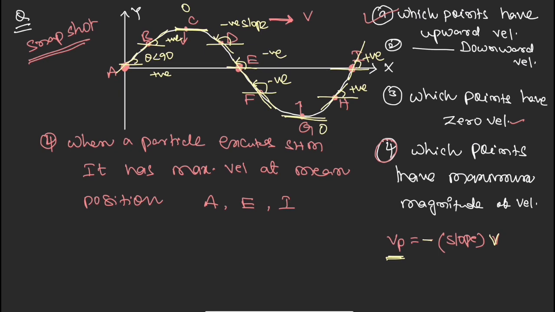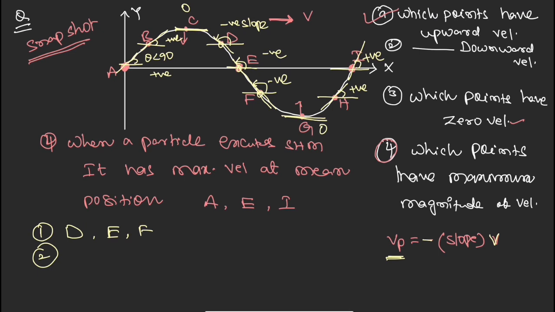Which points have upward velocity? So the first question, negative slopes, where are these? Those we need to find: D, E and F.